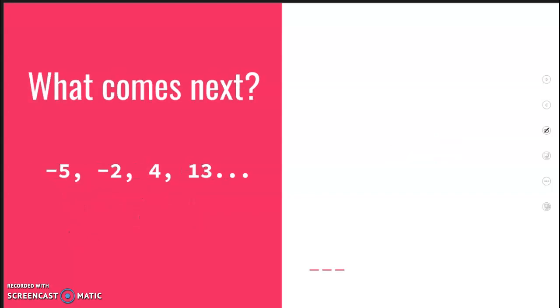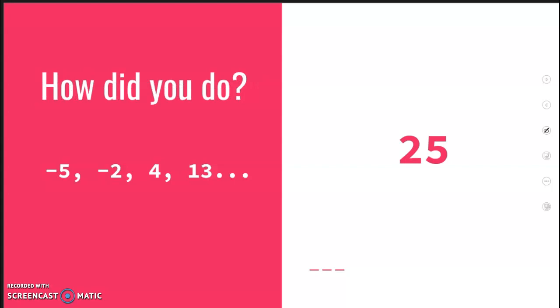This one is a little bit trickier than the previous one, so I encourage you to pause the video and take some time to think this one through to make your prediction. Like I said, this one was trickier, but how did you do? Let's see if we can figure out what pattern was occurring. To get from -5 to -2, I noticed that we're adding 3.